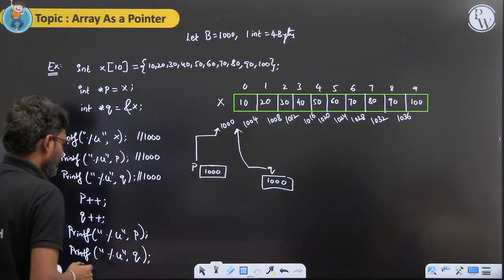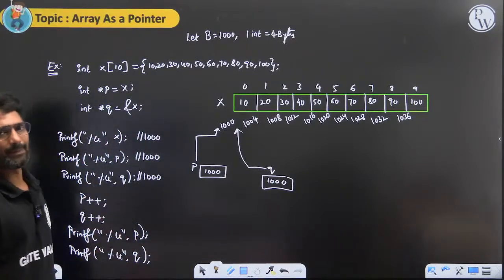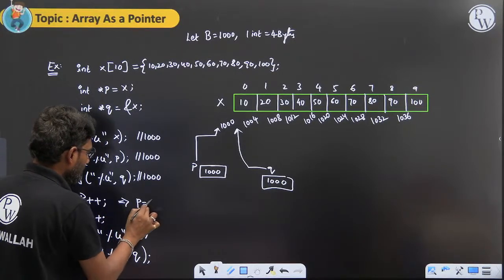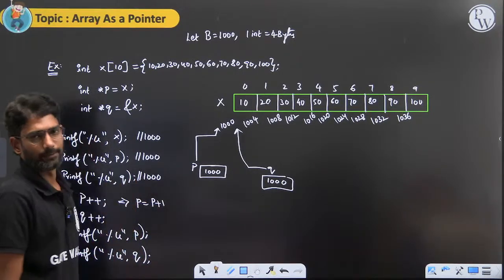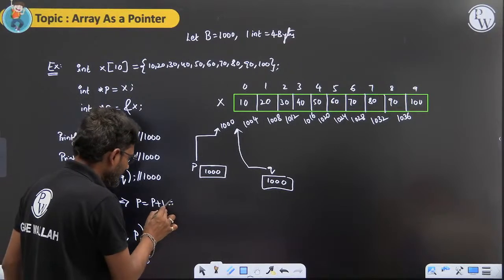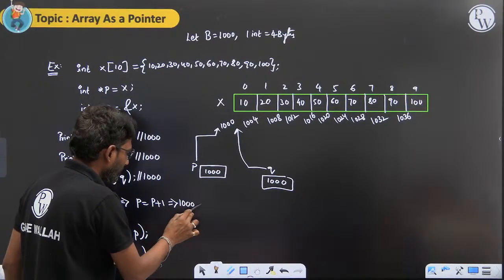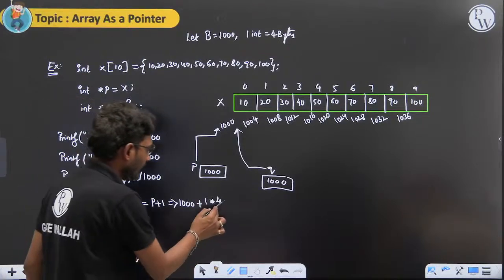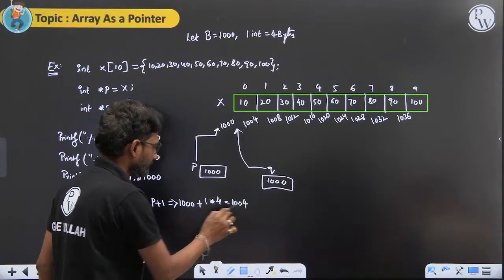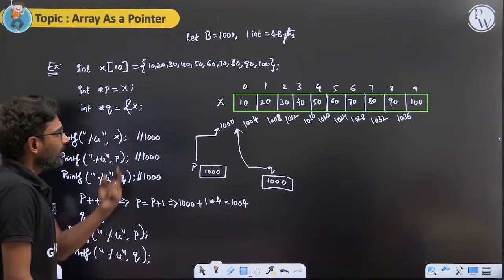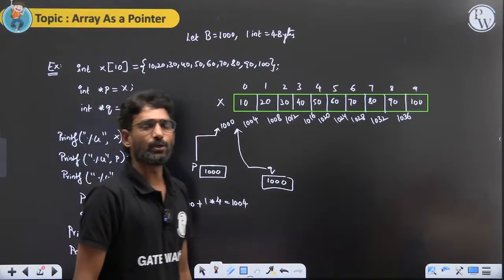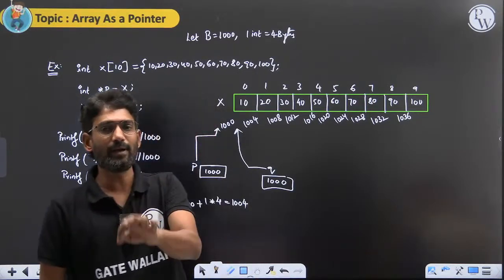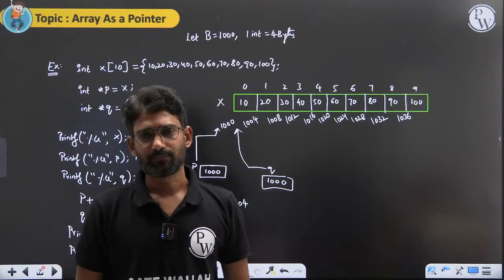Okay. So here when I say P plus plus, it is actually P is equal to P plus 1. That means 1000 plus 1 multiplied by 4. That is 1004. Why? P is pointing to an individual element of the array.